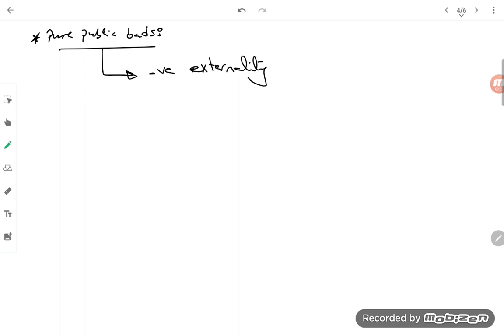In general, we are going to talk about public goods, not public bads, but in order to know the concept of public bads: public bads are commodities with negative externality. Say, for example, air pollution is a pure public bad if pollutants are diffused in the atmosphere.